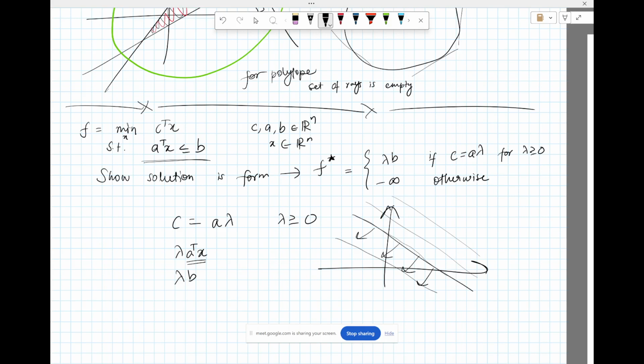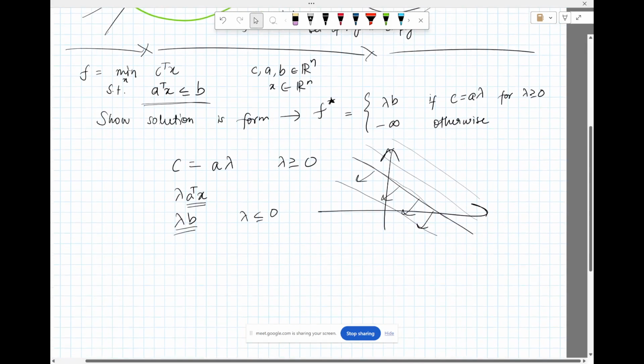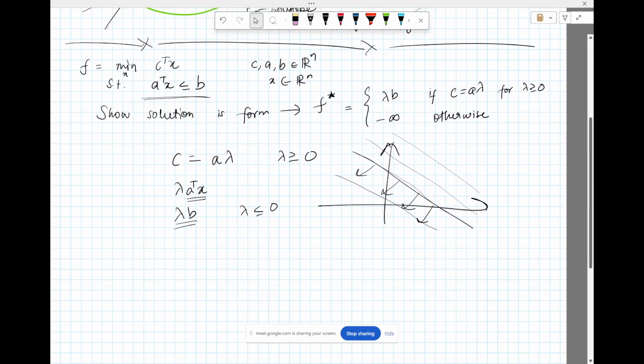And if c is not equal to a lambda, and this lambda should be greater than 0 for this to be the max, right? If lambda is less than 0, then I can take x equal to some very negative value, such that I get a very negative value.